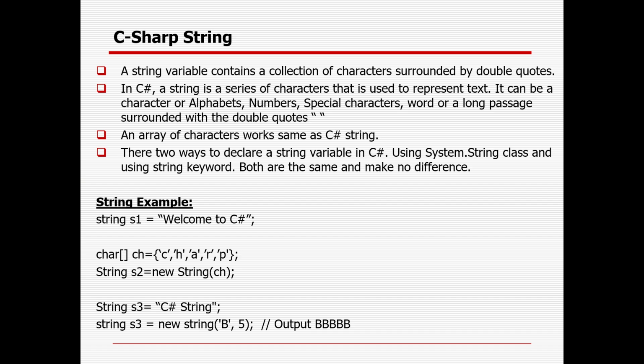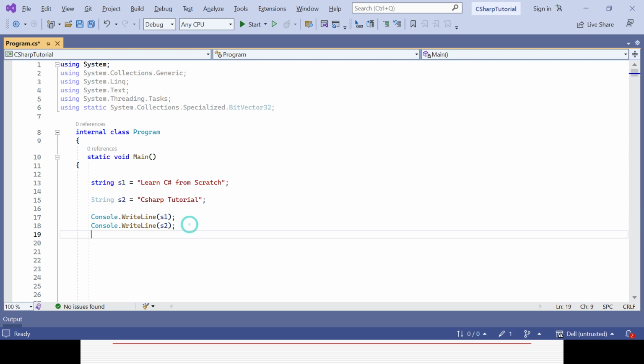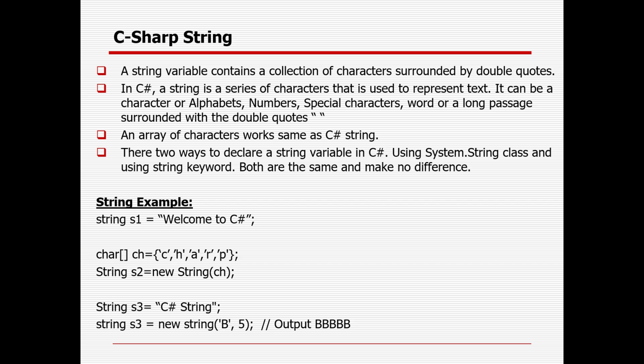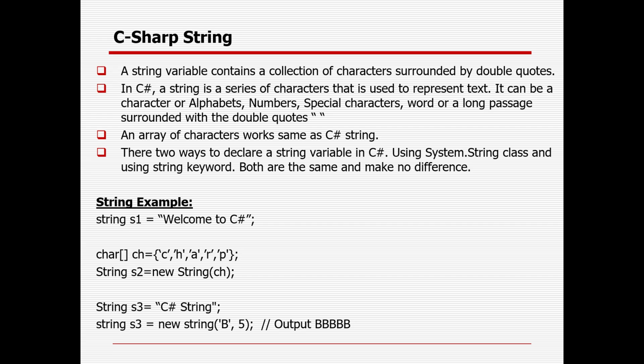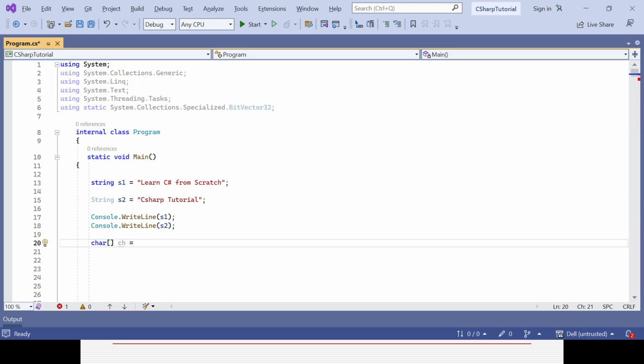Then I can have a character and convert the character to the relevant string. So let's define something called char. Here I need to give the char data type, and I can give the variable name, char equal to, and then within braces you need to give single quotes. Instead of double quotes it will be single quotes, right? Suppose say C#, so it will be comma-separated characters.